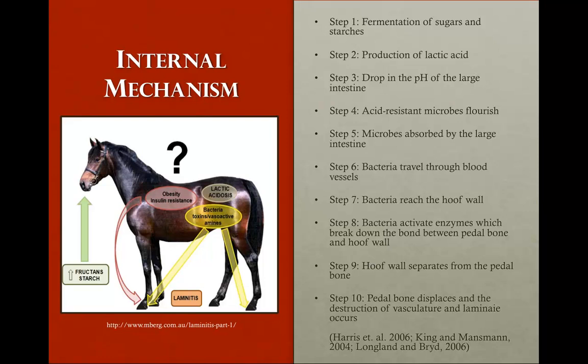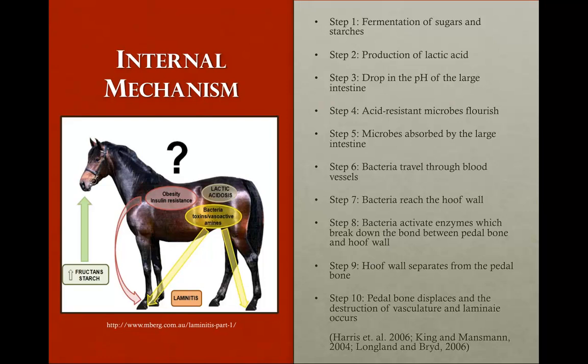The newly acidic environment of the intestine causes acid-sensitive microbes to deteriorate and acid-resistant microbes to flourish. Although still in question, it has been assumed that after being absorbed by the large intestine, these bacteria then travel through blood vessels to reach the hoof wall.